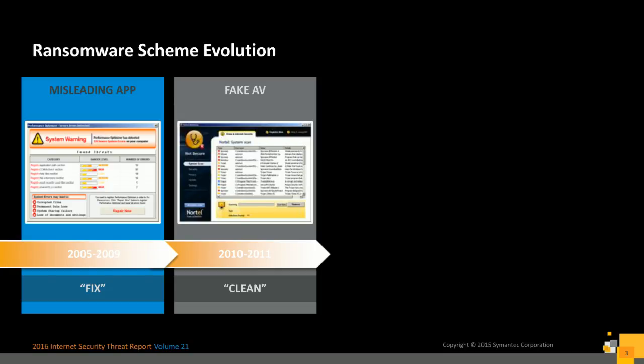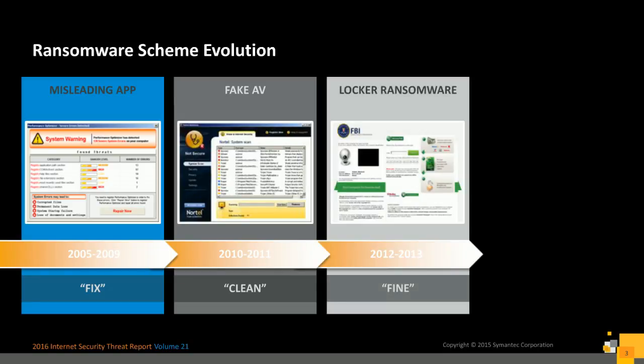As users got hip to that threat, malware artists got better at tricking users and playing on their emotions, using things like the words FBI or IRS to increase the fear level and scare a user into thinking that maybe they'd visited a site they shouldn't have, pornography, child pornography, something like that.